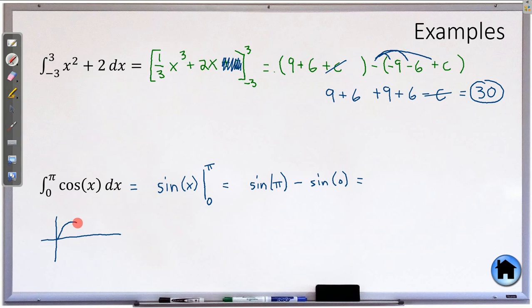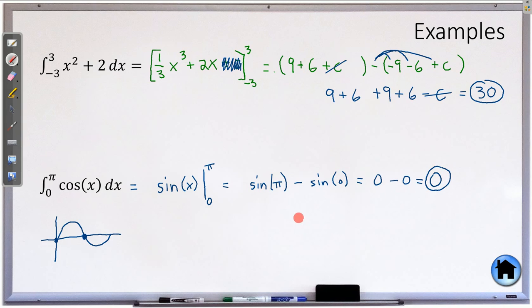Sine starts here, goes up, down, up. Pi is right here, so sine of pi is 0, minus sine of 0, well, that is right here. That is also 0. So this is equal to 0.